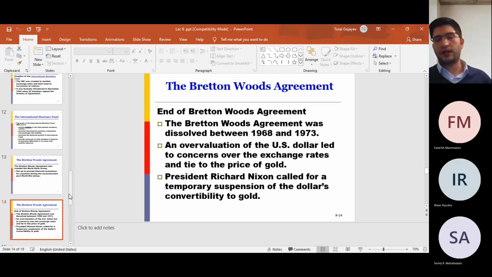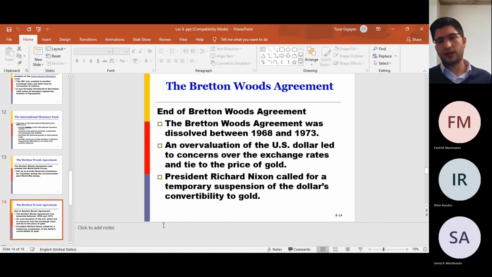What does overvaluation mean? This is like the opposite side of inflation, right? Inflation is a decrease in the value of currency. Overvaluation is the opposite: the value of currency increases, but actually it creates other problems.